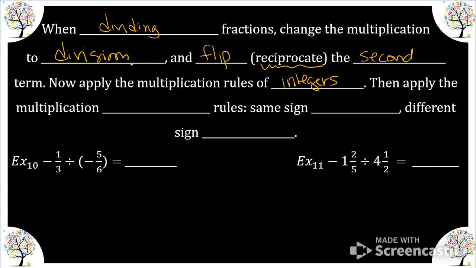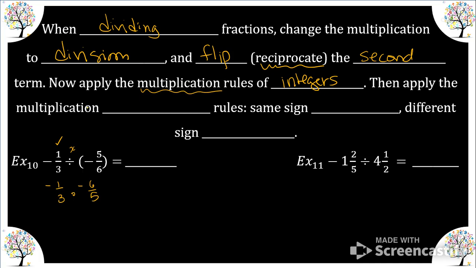So dividing does turn into multiplication. We keep the first fraction, we change the division to multiplication, and then we reciprocate or flip around the second term. So this will become, so we have -1/3 times -6/5.